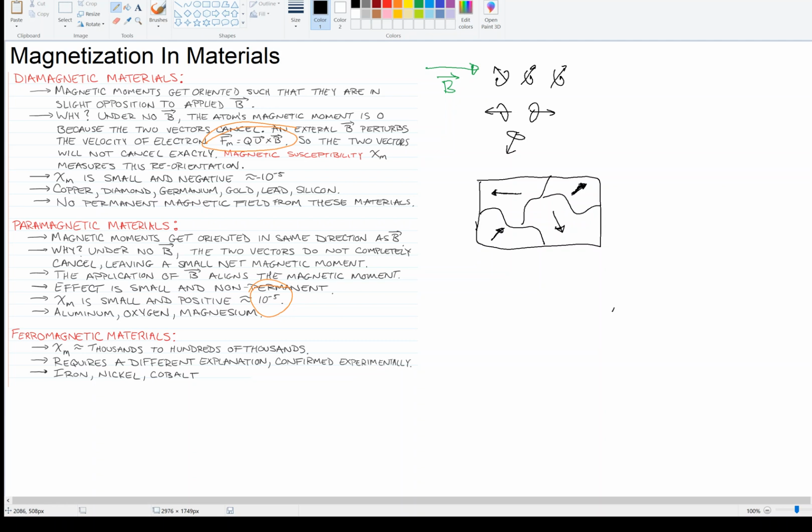Now, what's really interesting is that when you apply an external B field, I'm going to change the direction of the B field. Let's say we apply a B field this way. Then the domains that have their magnetic moments aligned with B, which is this domain here, will grow. This domain actually grows at the expense of the other domains.